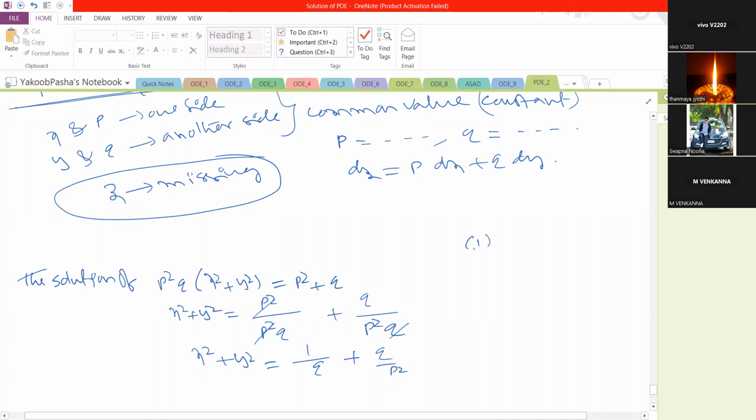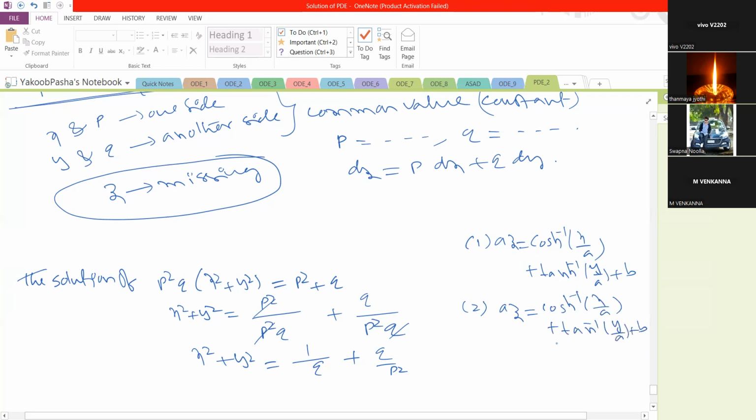The first option: az is equal to cos h inverse x by a plus tan h inverse y by a plus b. Second option, az is equal to cos h inverse x by a plus tan inverse y by a plus b.